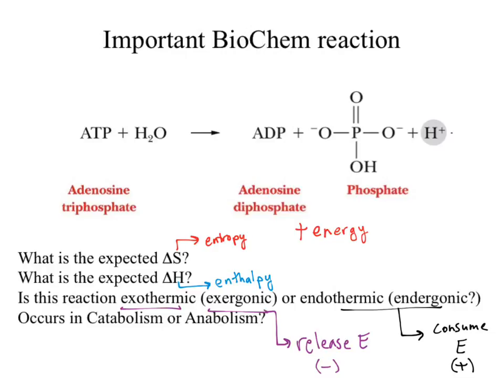Catabolism or anabolism. And I swear at this point I'm really relying on you because I've never bothered to memorize that, and I know I've got the definition on the next slide because I never remember it. So catabolism is breaking down, so we're releasing energy, right?